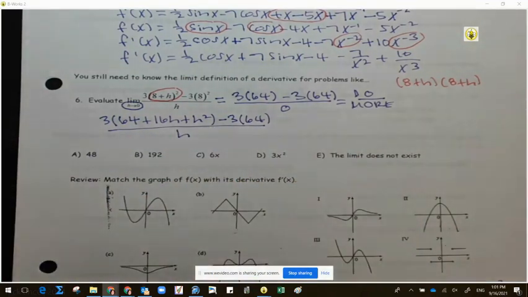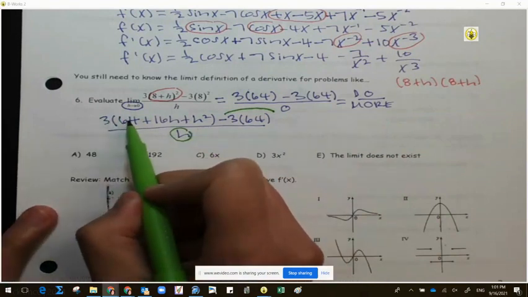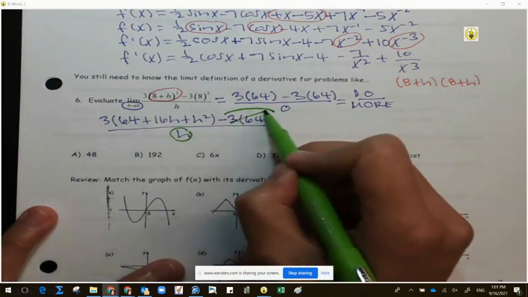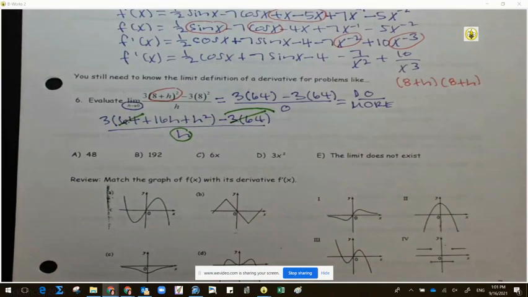We know in the end what's going to cancel. If you remember, I said the last piece will cancel, and h eventually will cancel. So let's see if that is true. If I take 3 times 64, isn't that a 0 pair to negative 3 times 64? Yes. Let's go and cross that off.